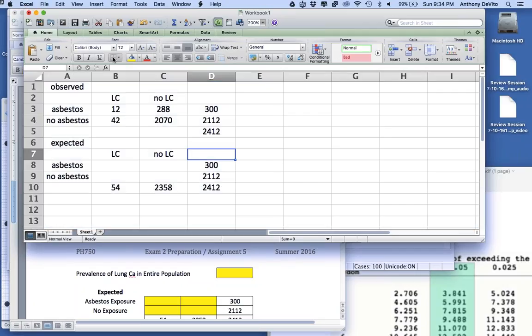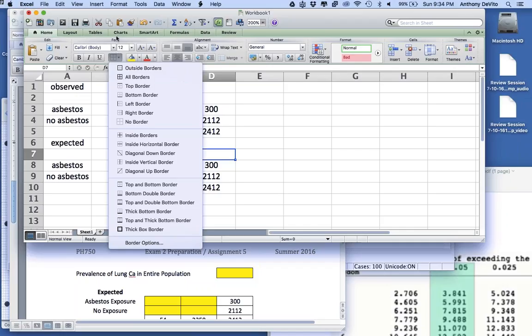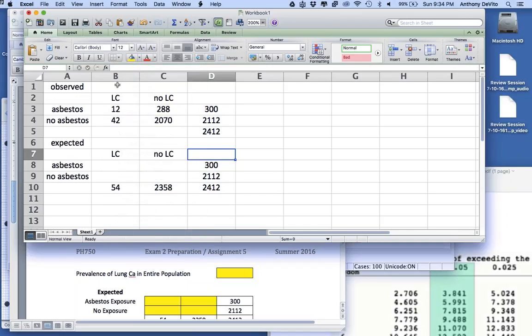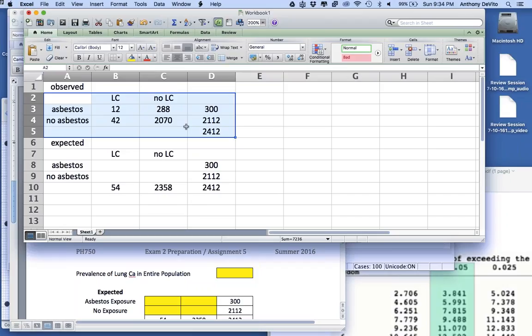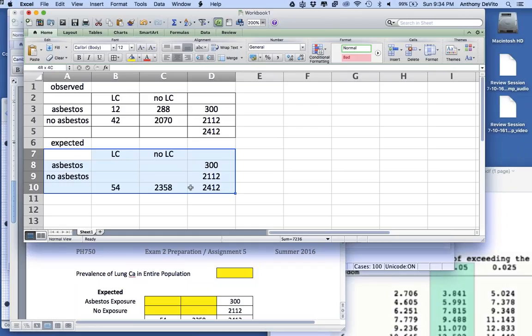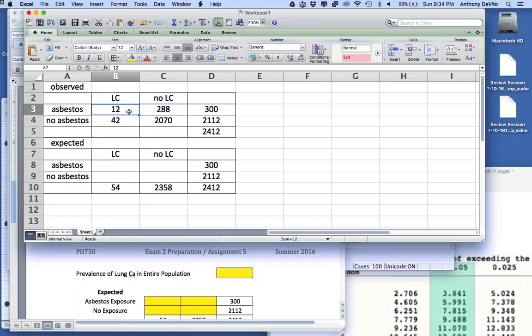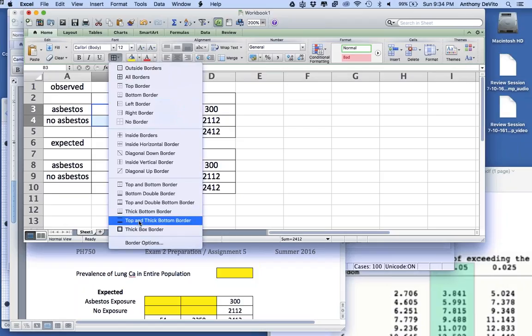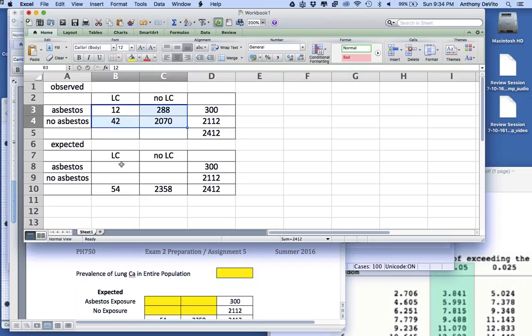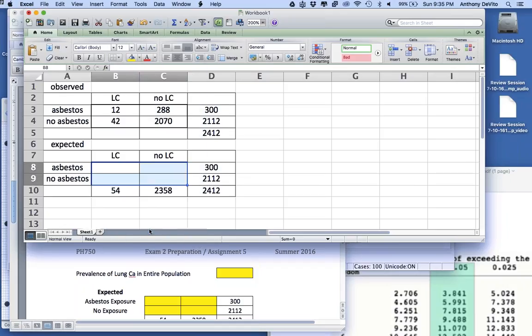Let me throw some boxes around this so we can see what we're doing here. And there's our crosstabs in the middle, and here's where our expected values are going to be. I'll just put this back up here for completeness' sake.